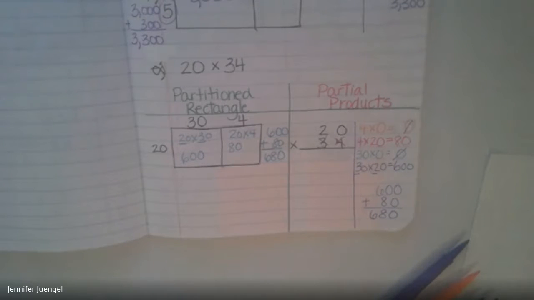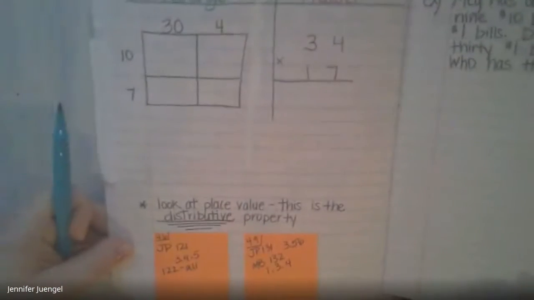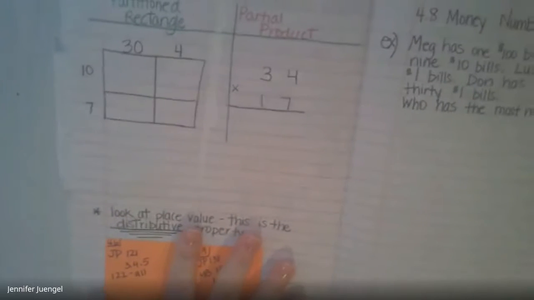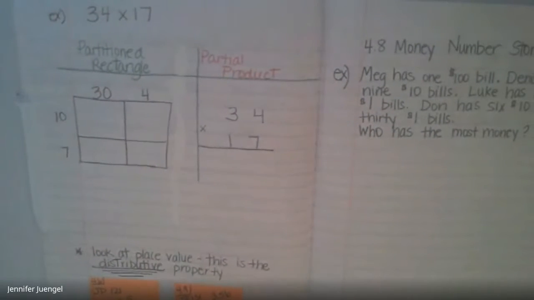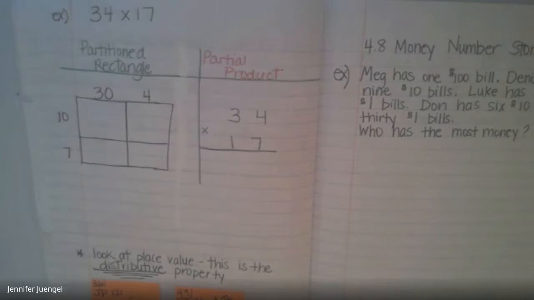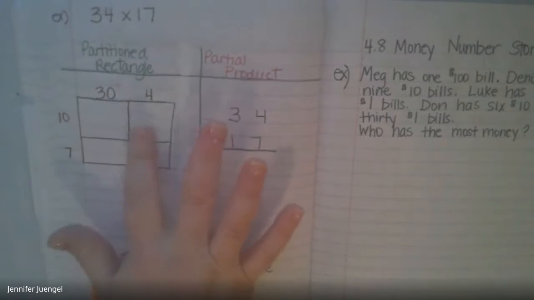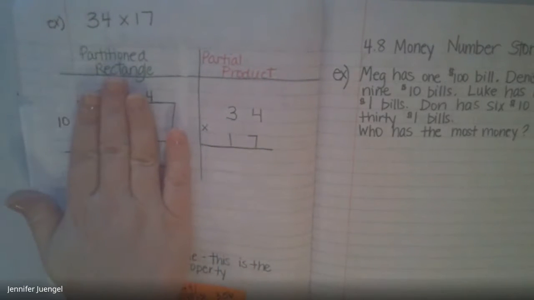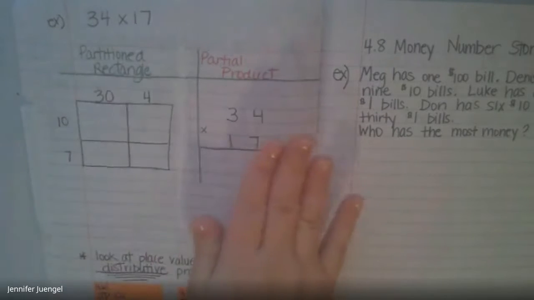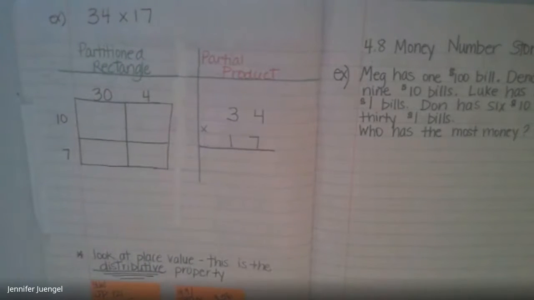So as you go forward today, you may see problems that get even bigger, right? They may be 3-digit by 3-digit or 4-digit by 4-digit. So the problems are most of the time going to look like this, where they're going to have the partitioned rectangle on one side of the page and the partial product on the other side of the page.